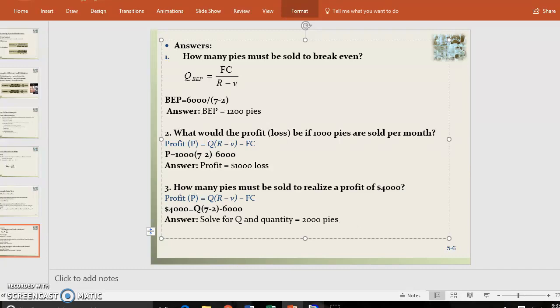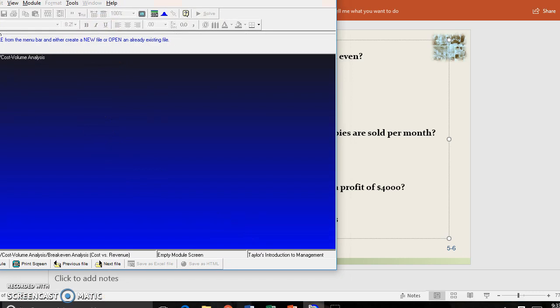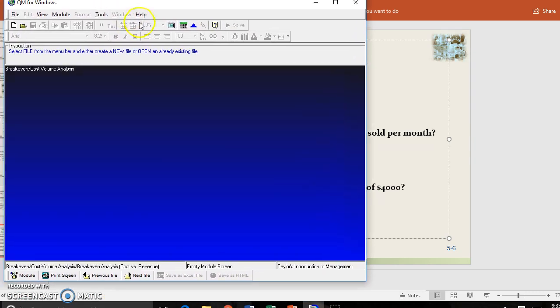As I had mentioned, I also wanted to just bring you to the QM for managers. And again, it'll do cost volume analysis. It'll also do break-even point for you.